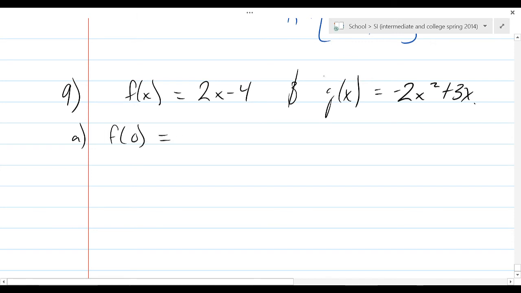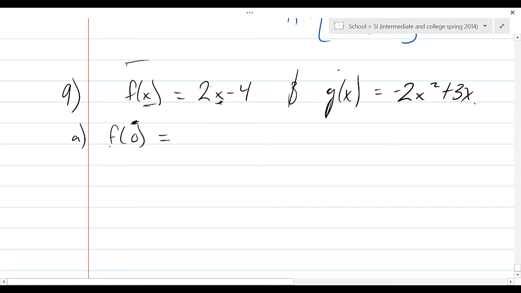Well, because each function is named function f, I'm not going to use function g. That wouldn't make any sense, right? So I'm going to use this function, and because there's an x here, and then all of a sudden the x got replaced with 0, everywhere I see an x, I'm going to replace it with 0.